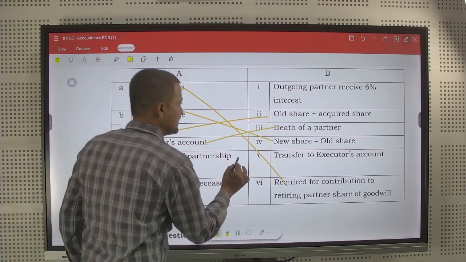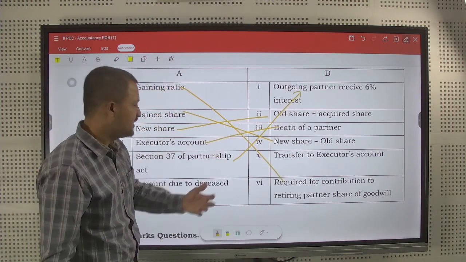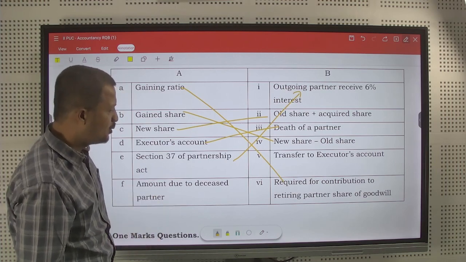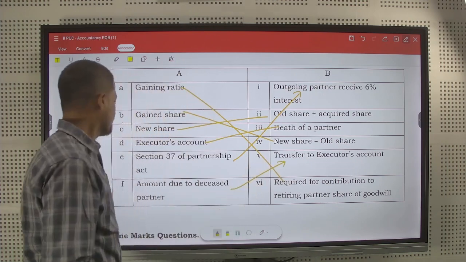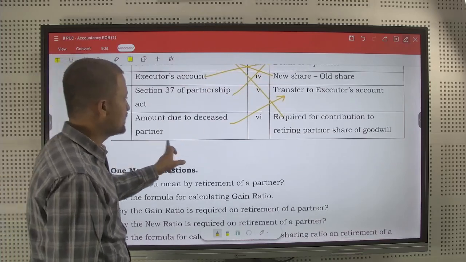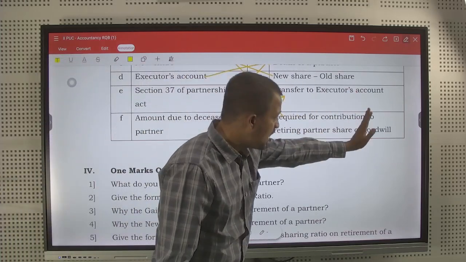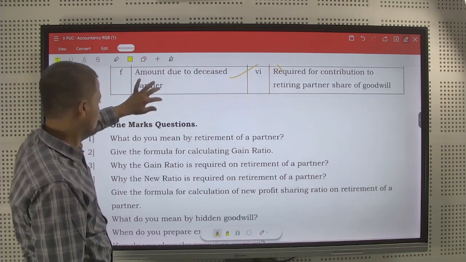Then section 37 speaks about 6% interest when there is a delay, and the amount due to the deceased partner is transferred to the executor's account. See, here deceased partner means executor. If it is executors, then it should go to the executor's loan account.